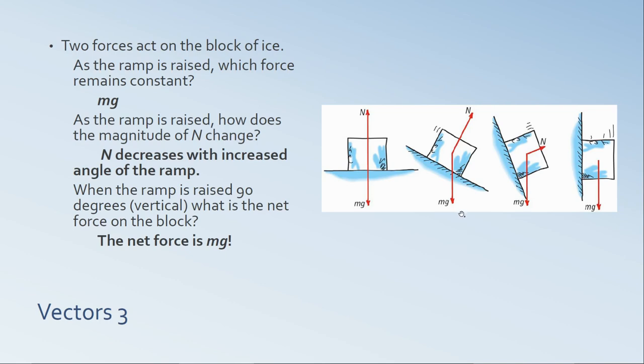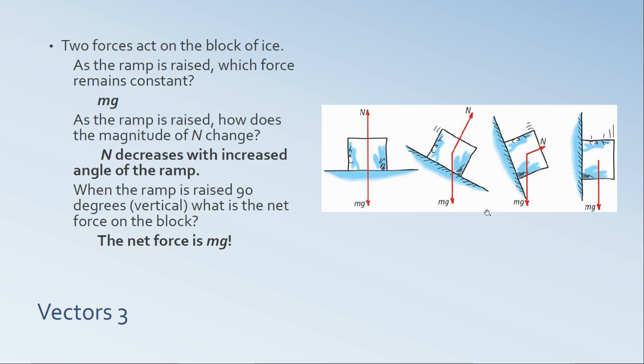And the force that stays constant is our mg. And as the ramp is raised, N starts getting less. N is only going to be the proportion of mg that's still pressing against the surface. So the proportion of mg that's still pressing against the surface is only this long, so N is only this long.